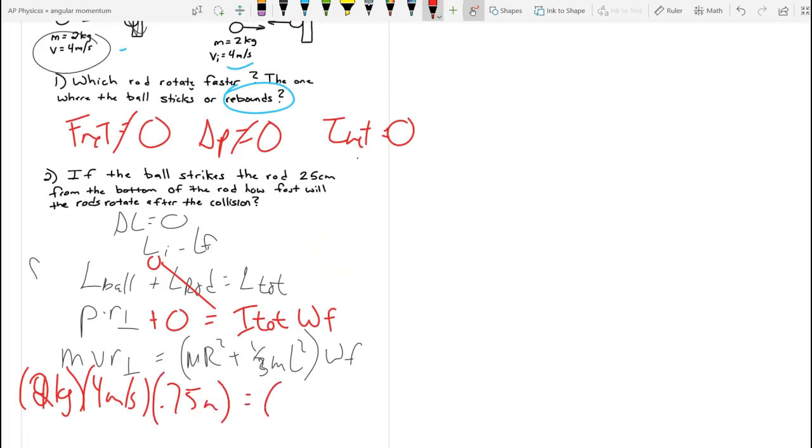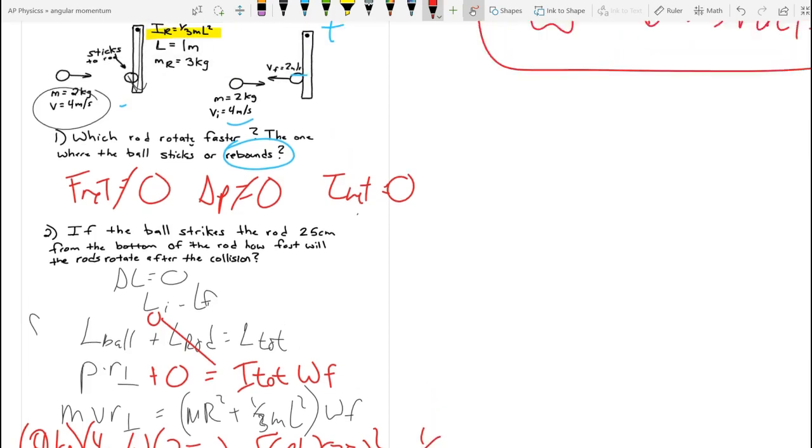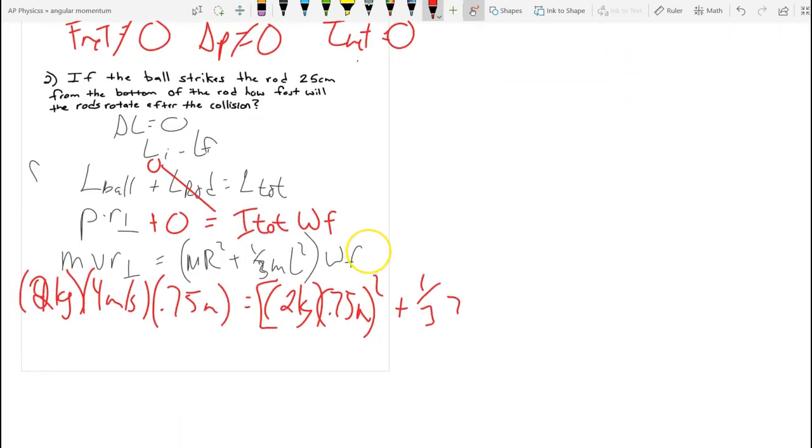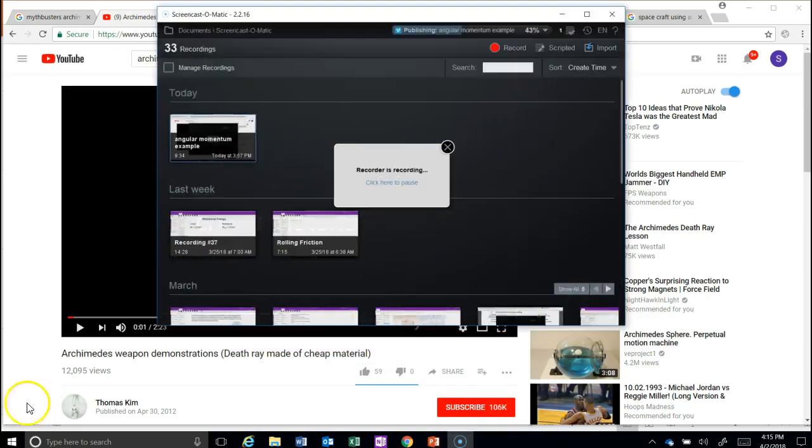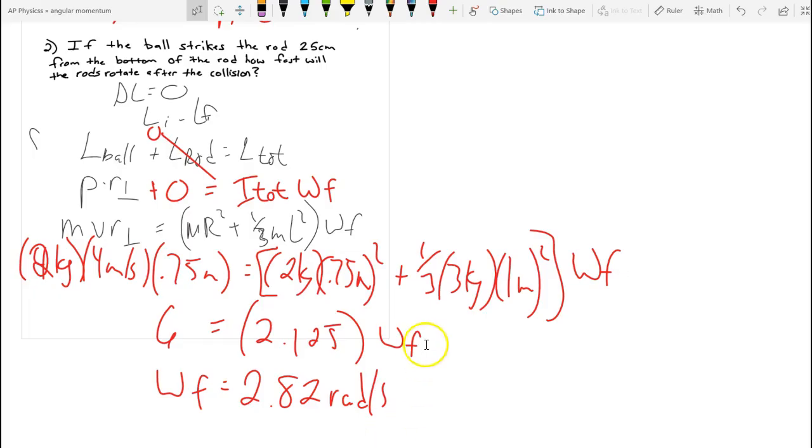So it equals my mass of the ball, 2 kilograms, times its R, which we just said is 0.75 meters squared, plus 1/3 mass of the rod, which is 3 kilograms, times the L, the whole length, 1 meter squared. And all of that is multiplied by omega final. Take a second, pause yours, and here's my math, and I ended up with omega final equals 2.82.